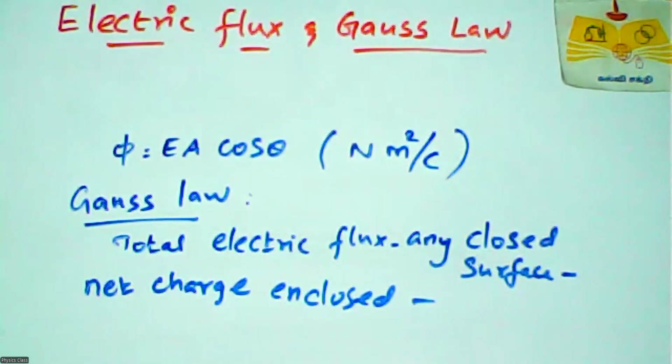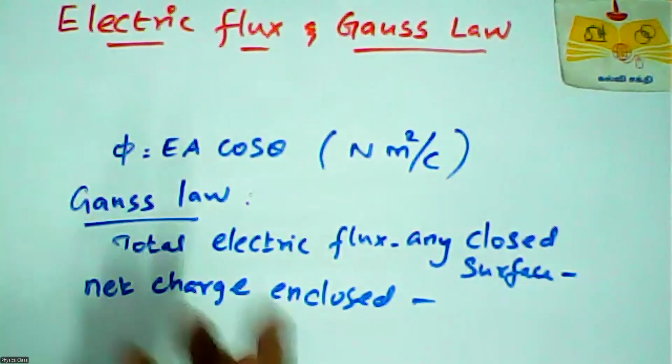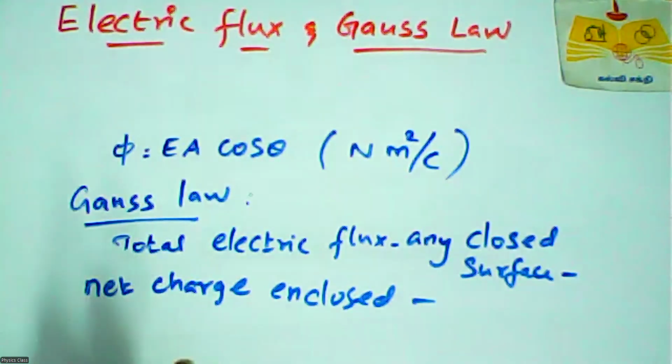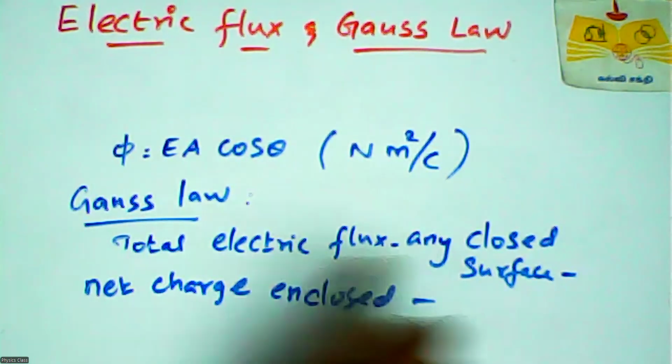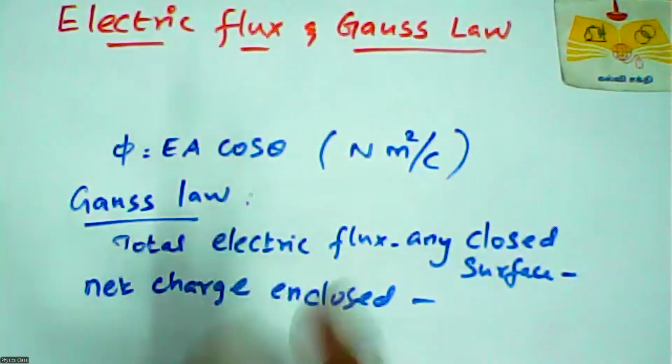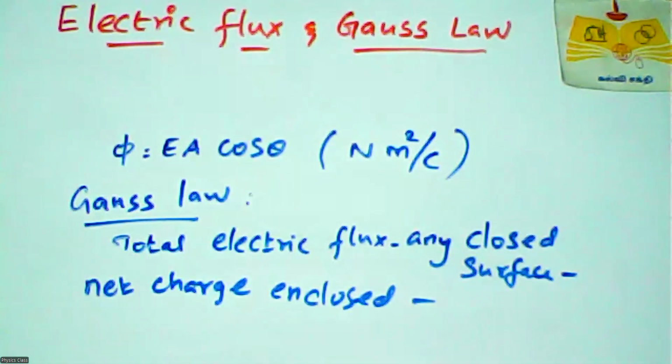Okay. So Gauss law is a very simple and powerful tool that relates total electric flux through any closed surface to the net charge enclosed within that surface.